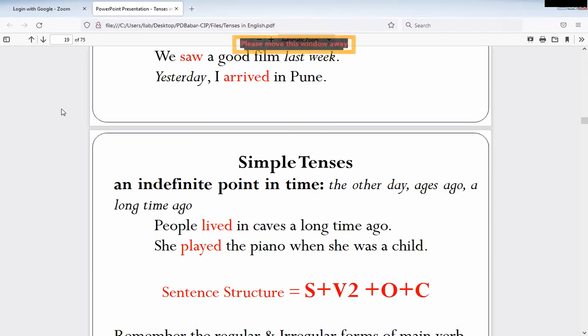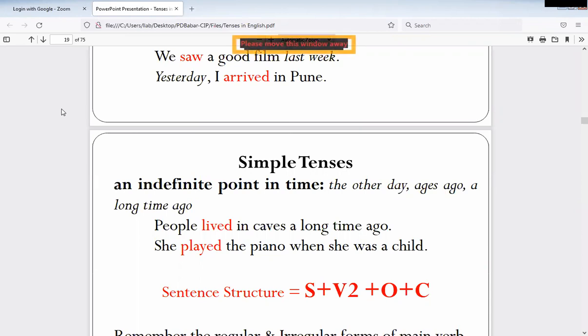So we were living in caves. It was not the development stage of we people. We were developing, with the brain and with the other aspects. So at that time we were living in caves. So people lived in caves a long time ago.